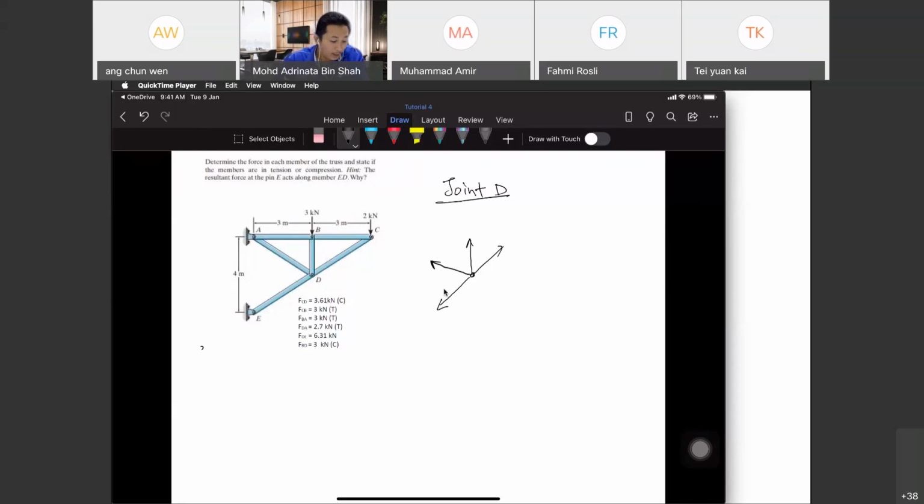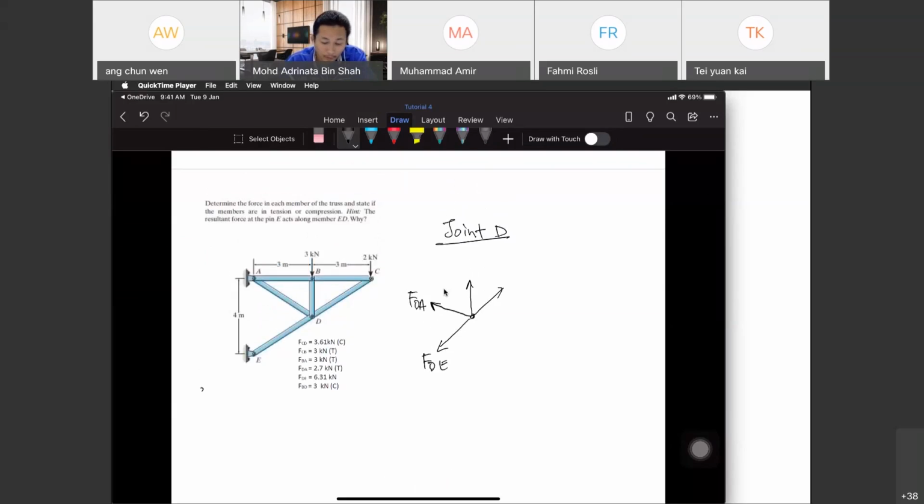Okay. Yang ada nilai, we just put the value. So this is FDB equals to 3 kilonewton.